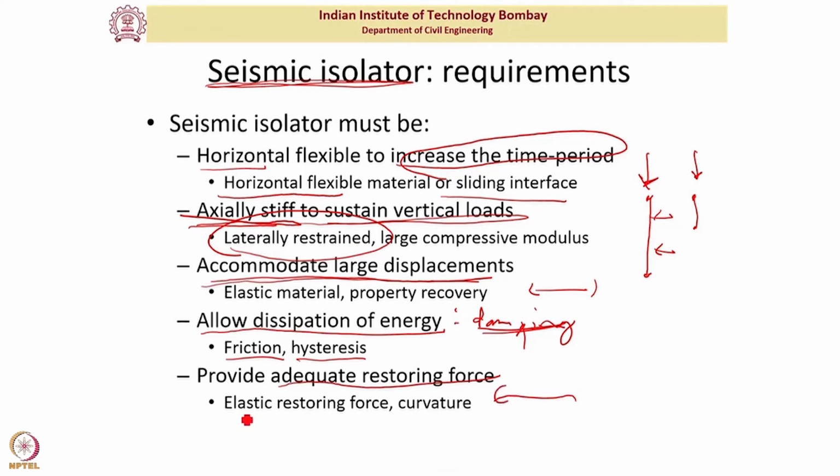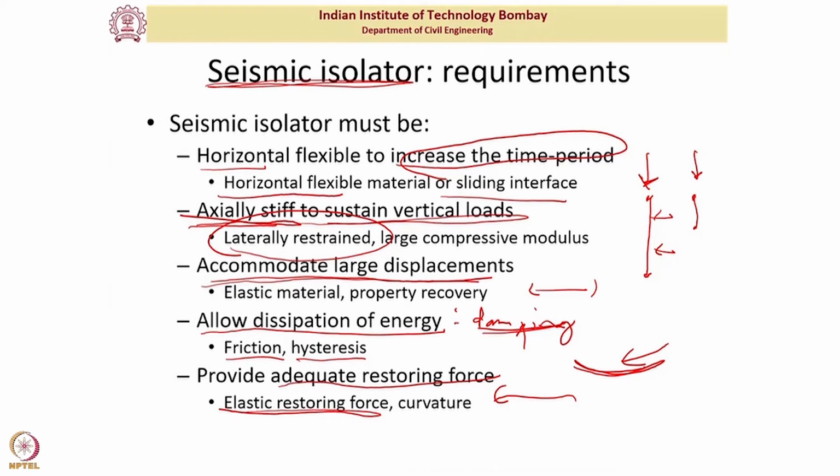So you want either elastic restoring force, let us say with the rubber, or maybe through a curvature, so that the structure slides back to its original position. But there should be some adequate restoring force in the base isolated structure. So these are the basic requirements from the seismic isolator.